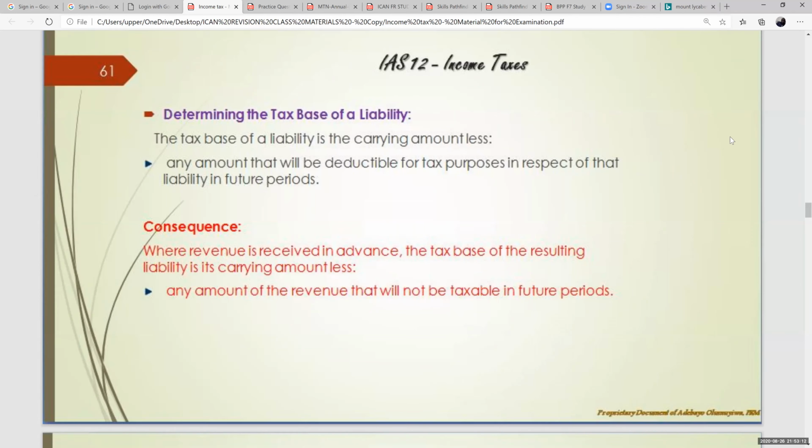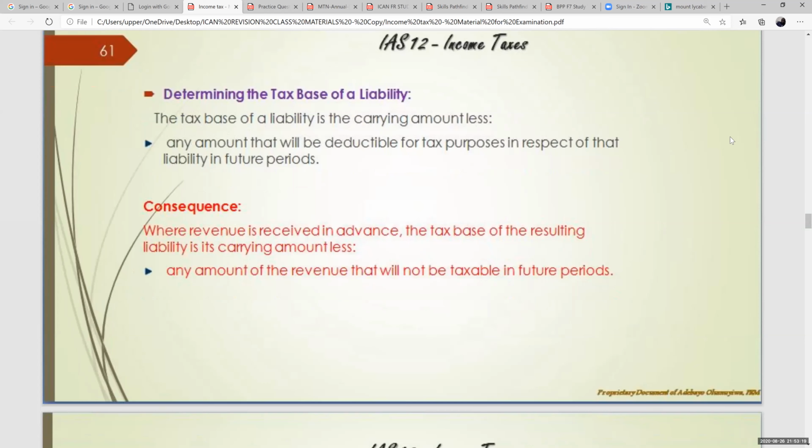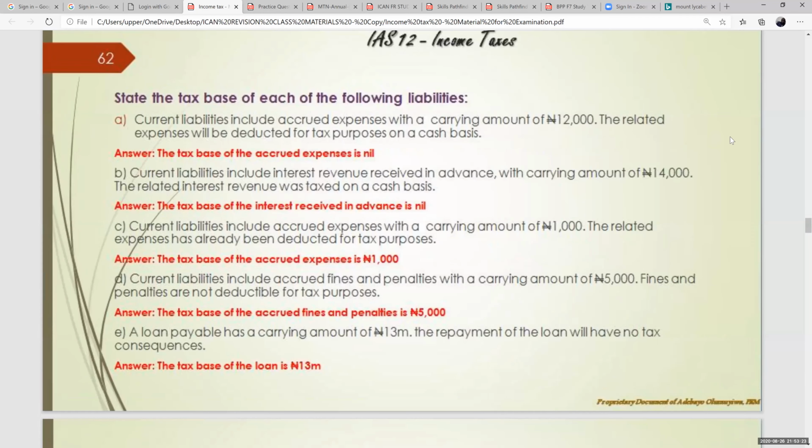Now, let's look at a practical example. We have a current liability. In this case, the current liability is accrued expenses, and we are told that the carrying amount is 12,000. But the related expenses will be deducted for tax purposes on a cash basis. What it simply means is similar to the interest payable in the examination question we solved, where there is no tax consequence.